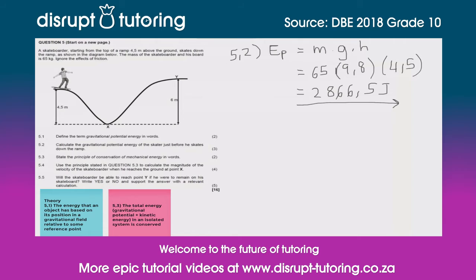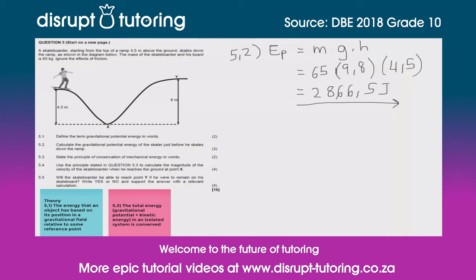Then 5.3 says, state the principle of the conservation of mechanical energy in words. I've written it on the pink sticky note here, as you can see. It says the total energy, gravitational potential energy plus kinetic energy, in an isolated system is conserved. The total energy always consists of the gravitational potential and the kinetic energy at any point.